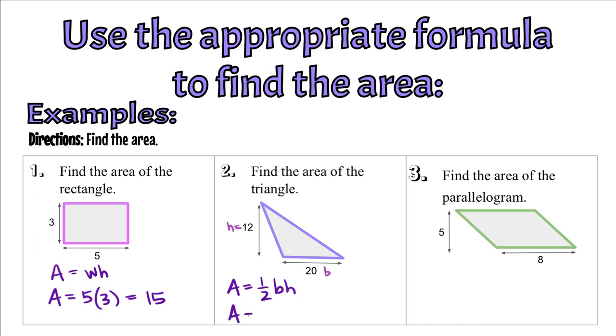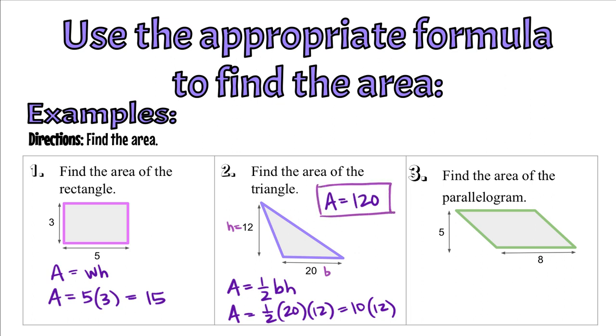So area equals 1/2, our base is 20, and our height is 12. Now, to simplify this, I find it easier to divide that number in half first, right? We multiply left to right. So 1/2 times 20 is equal to 10, and then we're multiplying that times 12. So area here is equal to 120.